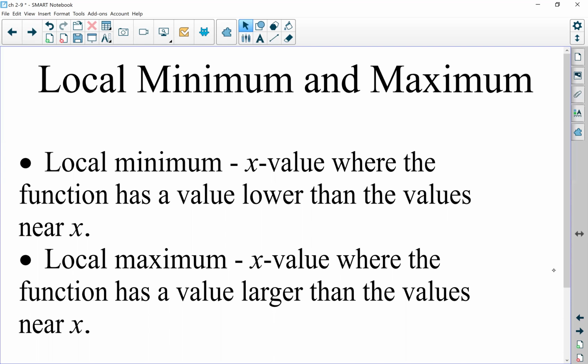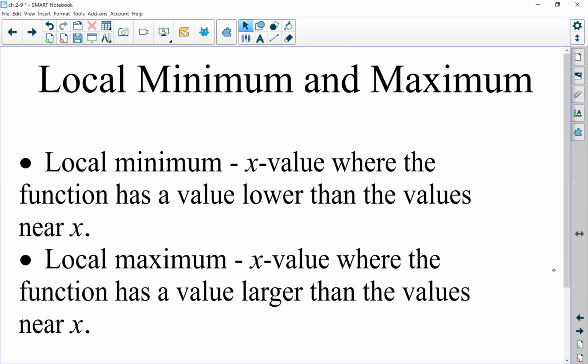So the local minimum refers to the y value of the function, but is described using the x coordinate. For instance, the parabola y equals x squared would have a minimum of 0 at x equals 0.